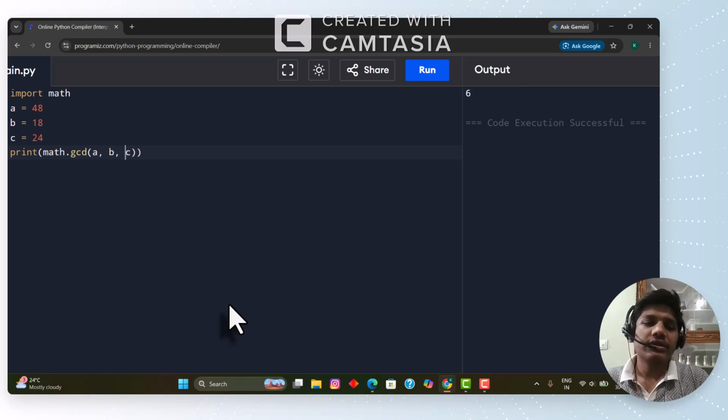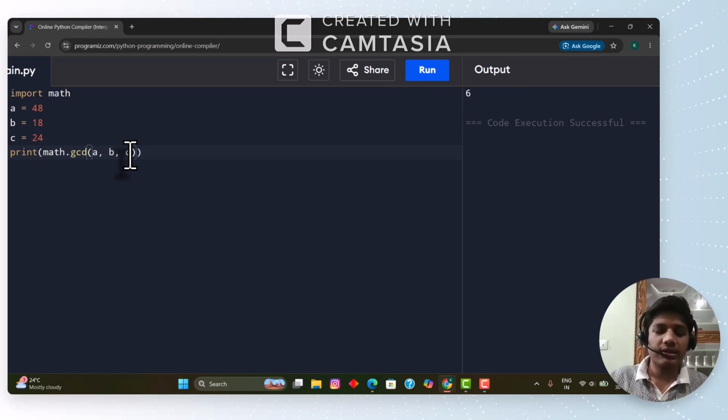If we enter different types of numbers like prime numbers, there are full chances of getting 1. For example, 11 is a prime number, 13 is a prime number. For these prime numbers, there are only two factors, which are 1 and itself.